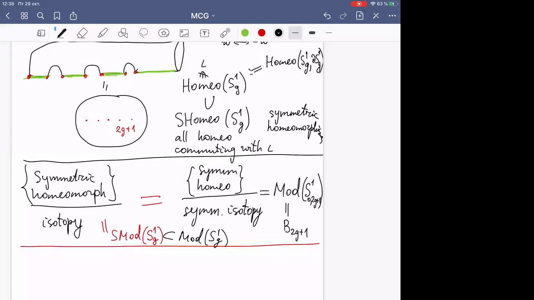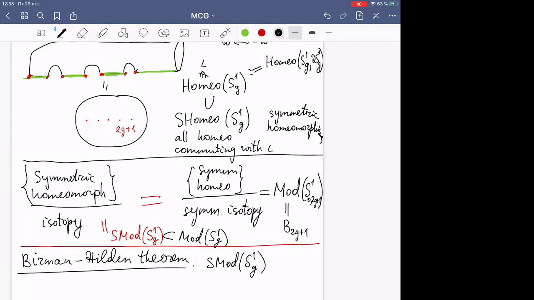And so this is the Birman-Hilden theorem, that finally we will have that the symmetric mapping class group of the surface is isomorphic to the braid group.